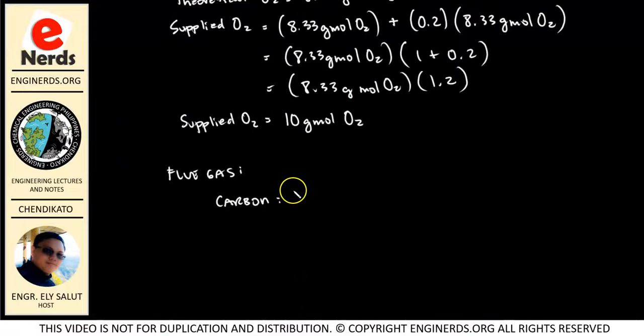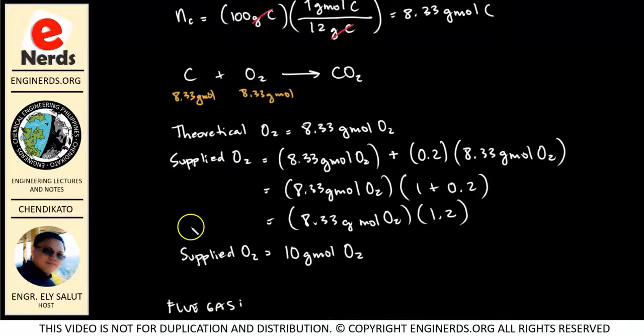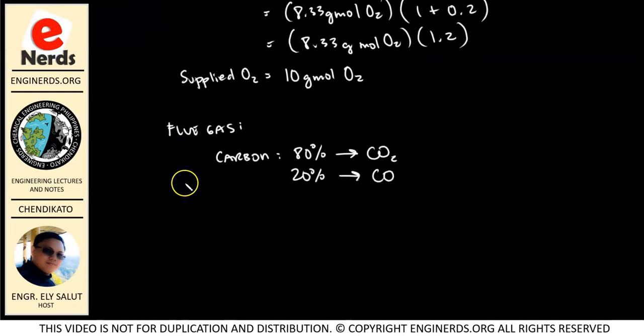So, 80% ng carbon natin is converted to CO2 and the rest, which is 20%, goes to CO, no? So, ano ba yung carbon natin? Yung carbon natin is 8.33 gram mole. So, our carbon is 8.33 gram mole.